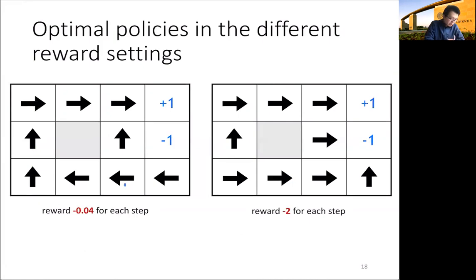So when the reward is designed to be minus 0.04, the time effect is relatively small compared to the penalty of dropping into the ice hole, and then you will decide to get away from this as quickly as possible and take the longer route for you to get to the positive reward. On the other hand, suppose you replace this reward to be -2, then all you want to do is to stop early.